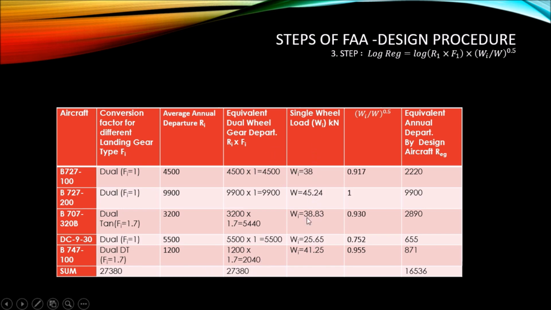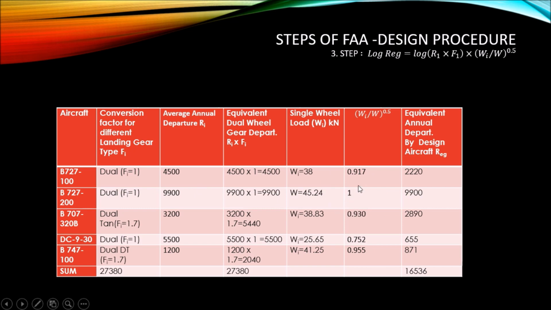So for the single wheel gear, we already got it in the previous table. So we already have this. Now we need to get this value, which is the gross weight of the aircraft under consideration divided by the gross weight of the design aircraft. You can see our design aircraft here is the one that controls the design, the second one.